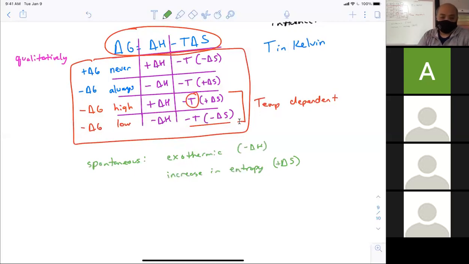Those are the two ideas that you want for a spontaneous reaction. Obviously, if you have the opposite of both, then you'll never have a spontaneous reaction. And if you have one that favors and one that doesn't, then it depends on temperature whether it can help you or hurt you in this scenario.